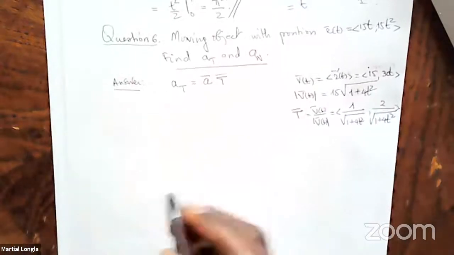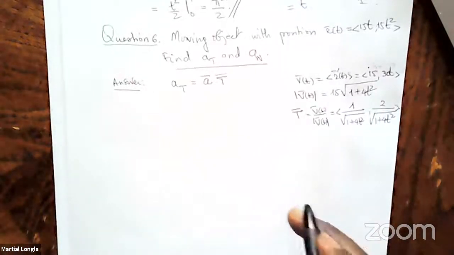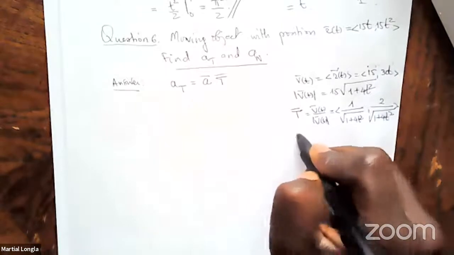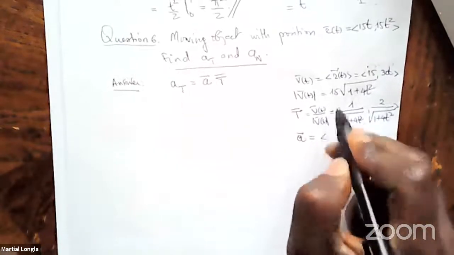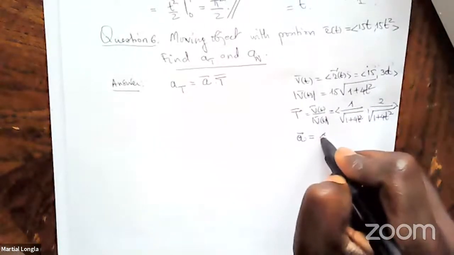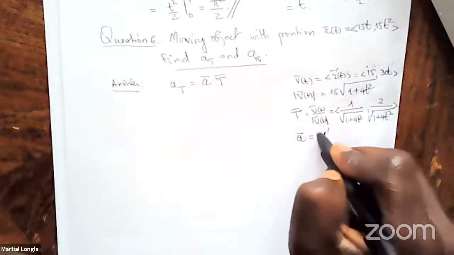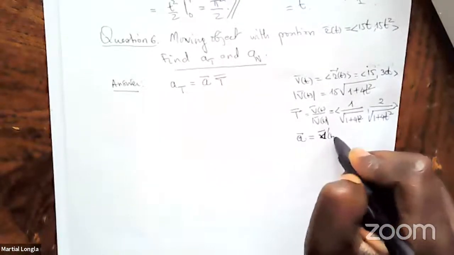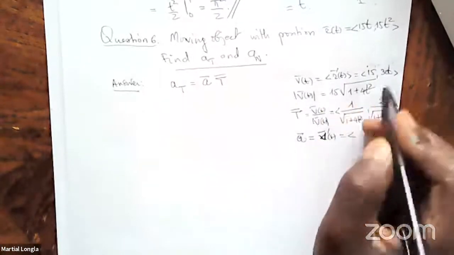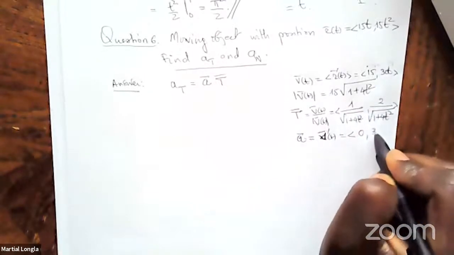Now, when you take that T, you need to get the a. A is derivative of v. And the derivative of v, that's 0 and 30.